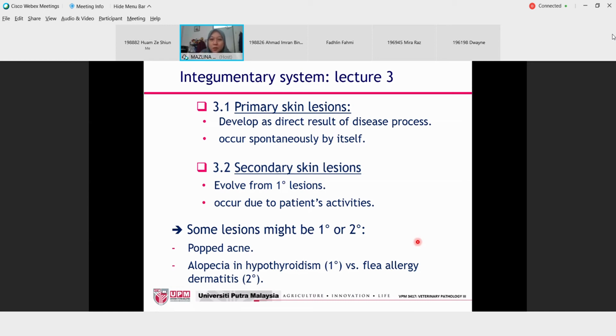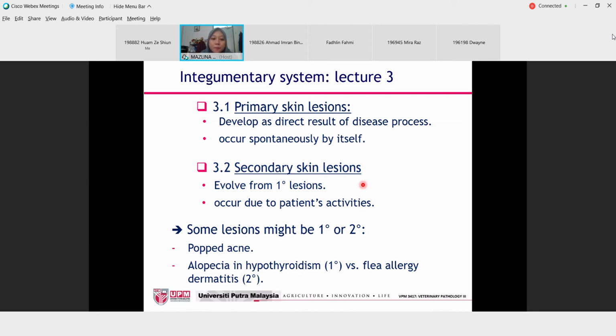Meaning diseases or conditions lead to the formation of the lesion that you see on the skin. In comparison, a secondary skin lesion is a lesion that evolves from the primary skin lesion and can be due to the patient's activities.